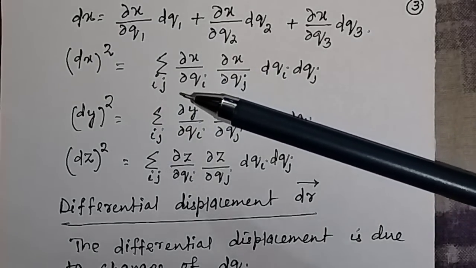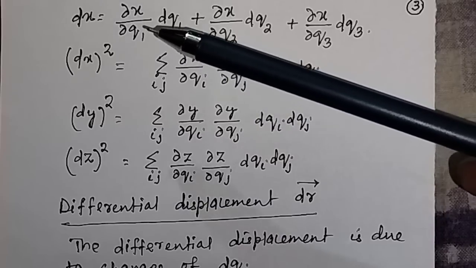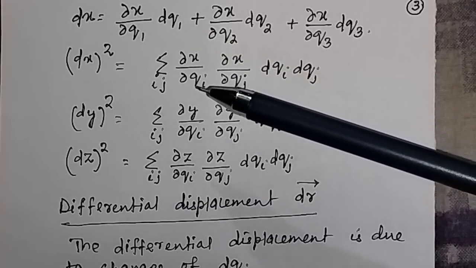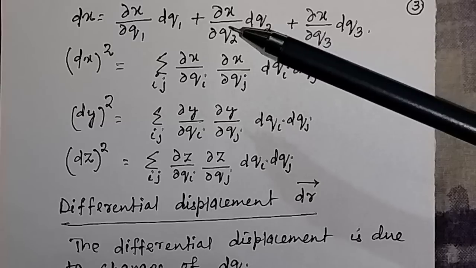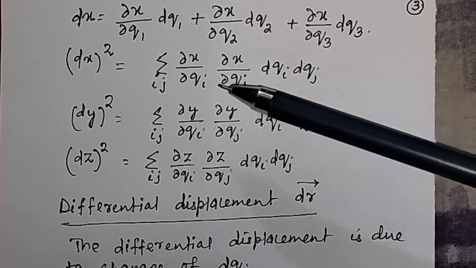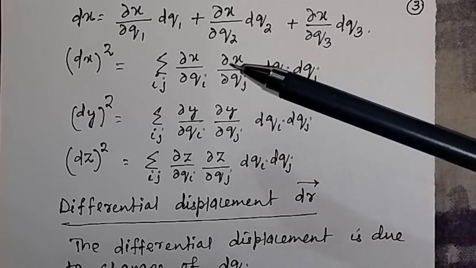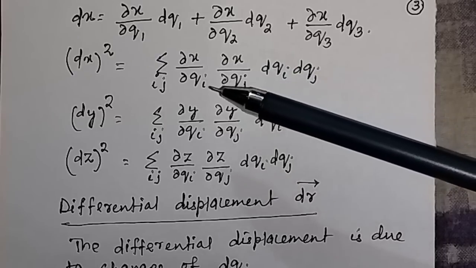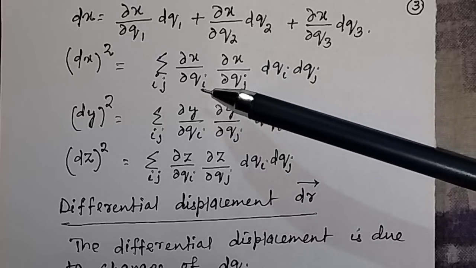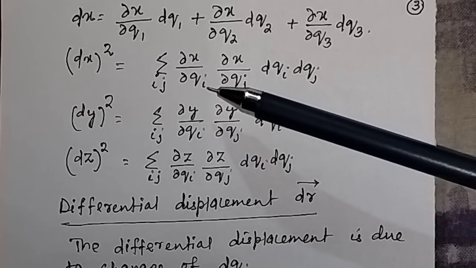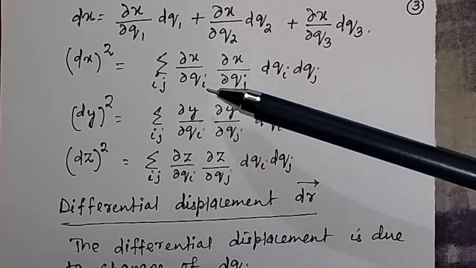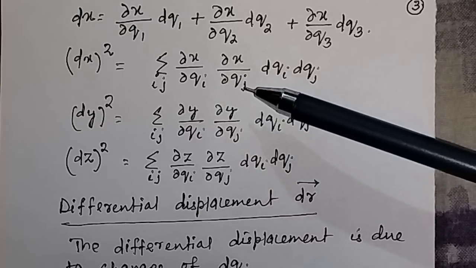Dx square will be equal to the partial derivative of x with respect to q1 and the partial derivative of x with respect to q2. Similarly, if you have more curvilinear coordinates, we can represent it in general as qi and qj.